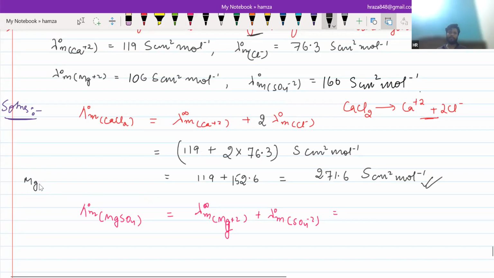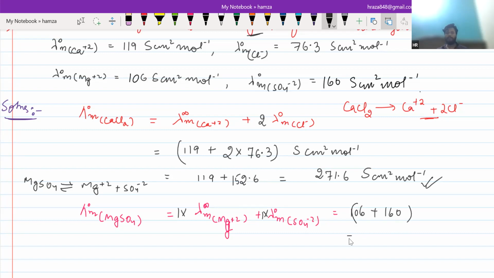If you dissociate MgSO4, you get 1 mole of Mg plus 2 and 1 mole of SO4 minus 2, so whether you multiply it by 1 or not, it will be the same. The values given are 106 plus 160, which equals 266 Siemens centimeter square per mole.